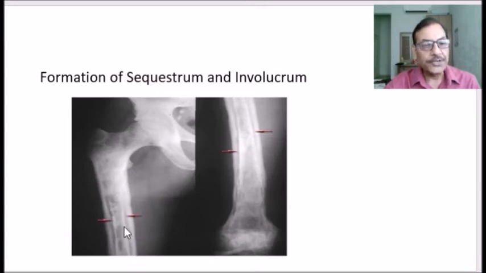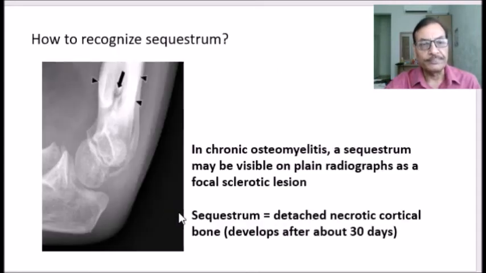This dead part of the shaft is called sequestrum, and over it there is a bone which is formed, and this new bone which is formed outside the sequestrum is called involucrum. You can see it here again. There is a sequestrum which is lying in the cavity filled with pus.